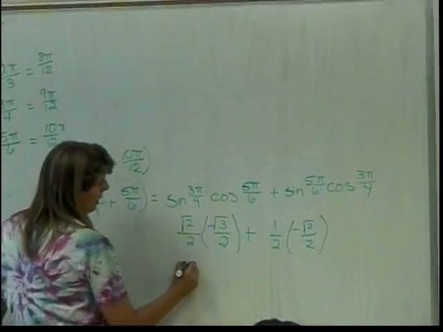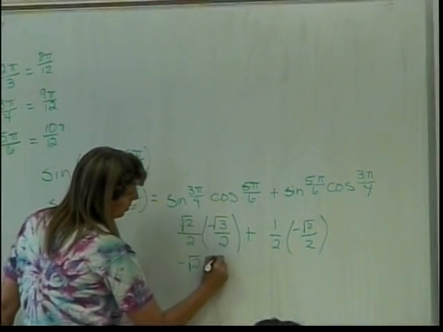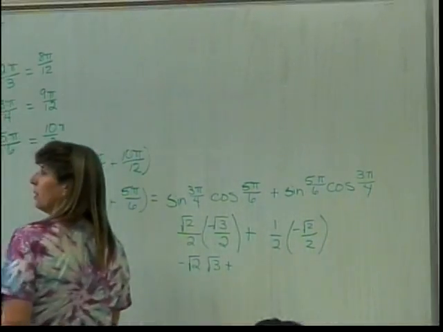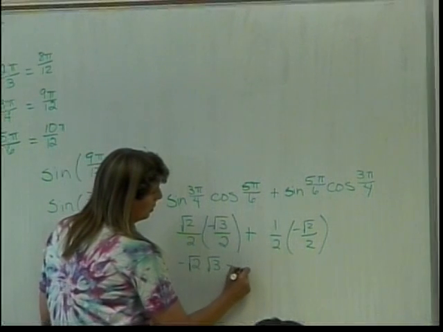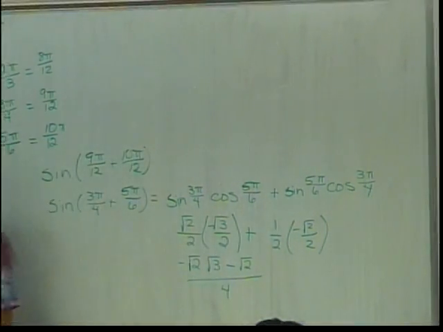So then what do I have? Well, I have the negative square root of 2 times the square root of 3, minus, we'll do minus, the square root of 2, all over 4. But what I need is to pull out a negative sign and a square root of something.